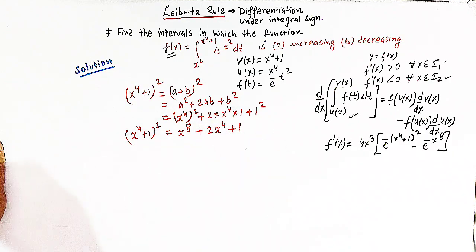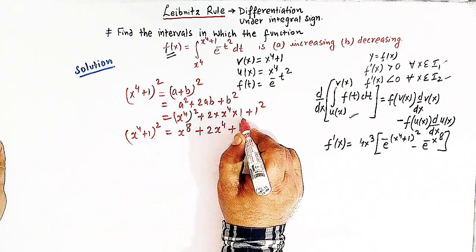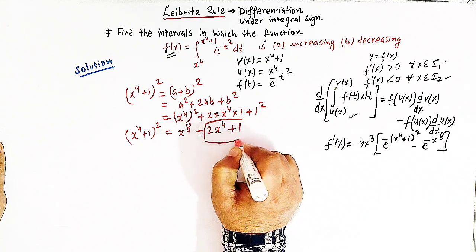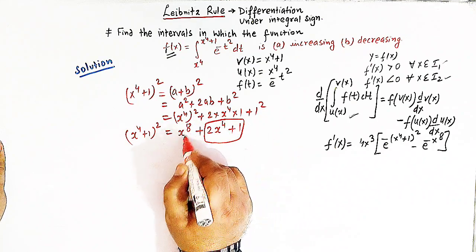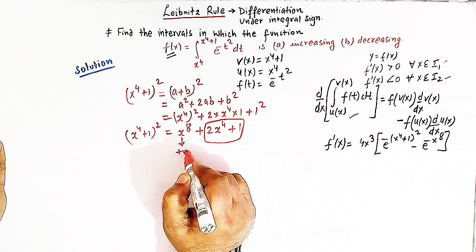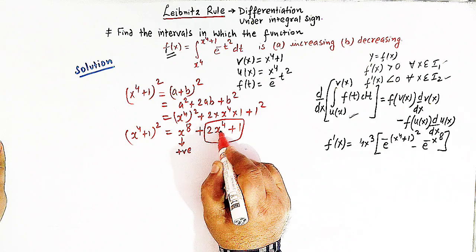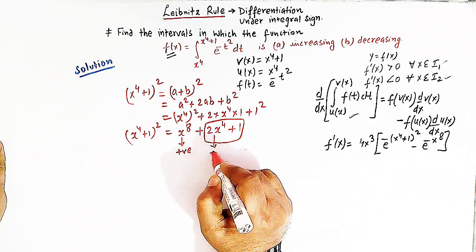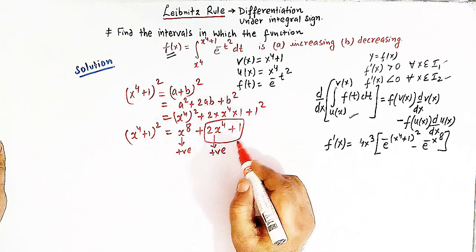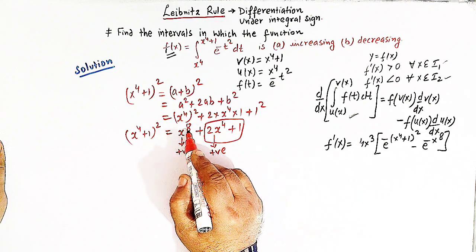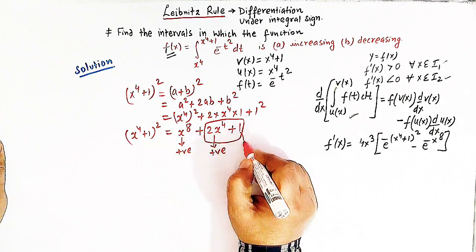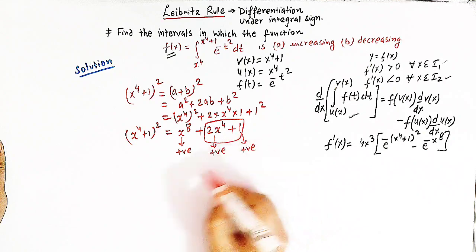Okay, so now see here, if we see this term, right? See, x raised to 8 is always positive for all values of x, right? And similarly, 2x raised to 4 is again a positive term for all values of x, because here the powers are even and 1 is obviously positive, right?